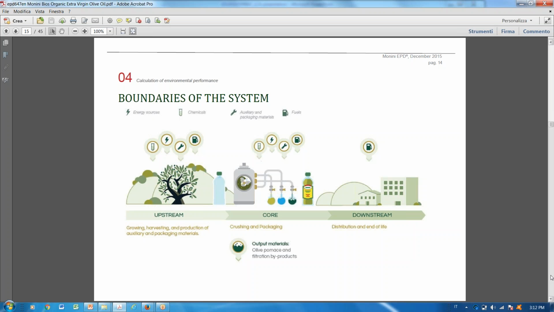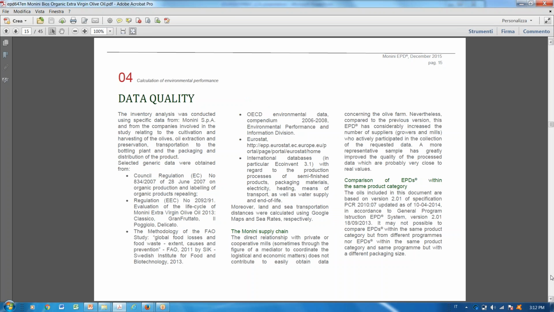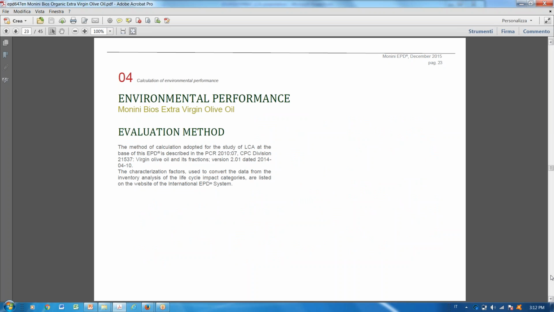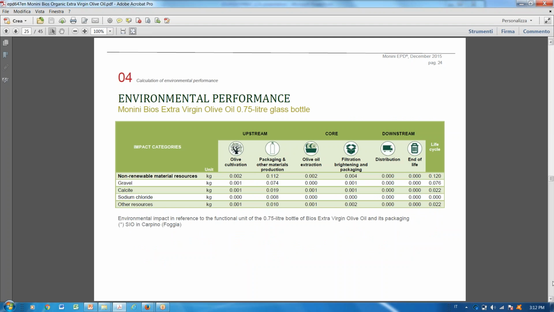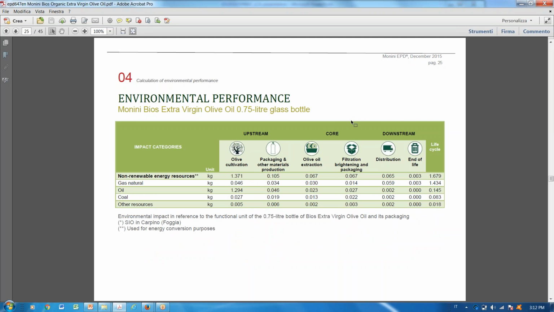Then here there are the indicators, the results of all the study. So this is one kind of ecological label.